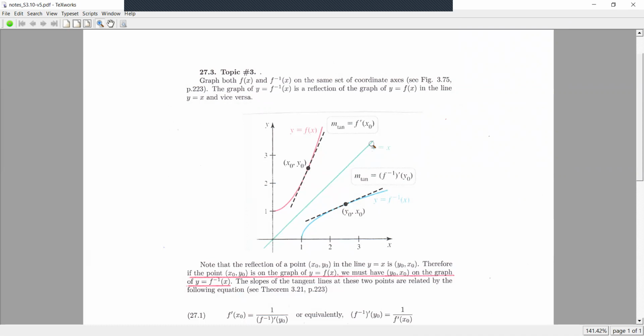Then it can be seen that the graph of f inverse is a reflection of the graph of function f in this line. Also, the graph of function f is a reflection of the graph of f inverse in the same line.